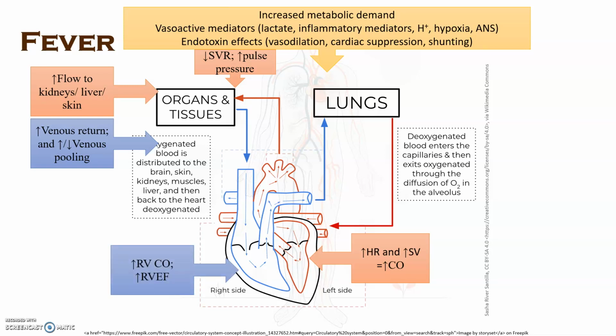The right ventricle in a normal healthy person responds appropriately to this increase in venous return by increasing right ventricular ejection fraction, increasing heart rate, and therefore increasing right ventricular cardiac output, which means that the CVP would not really be affected. This ultimately feeds through to an increase in pulmonary blood flow, which then leads to an increase in left ventricular filling and an increase in left ventricular cardiac output.